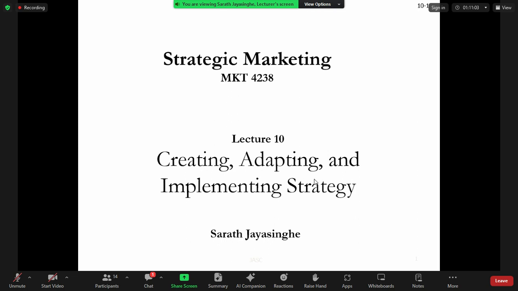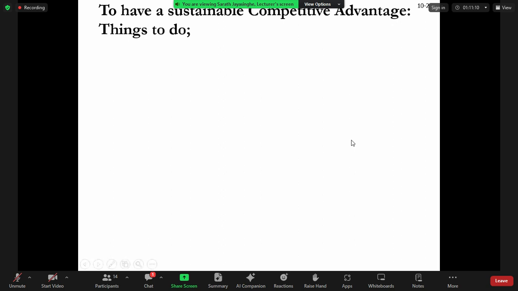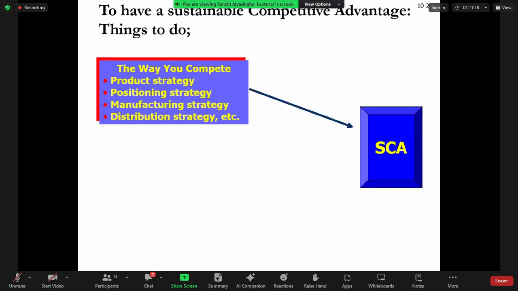So creating, adapting and implementing strategy. To have a sustainable competitive advantage, we have to do something, right? Here you can see the way you compete. You can think about product strategy, position strategy, manufacturing strategy, and distribution strategy.